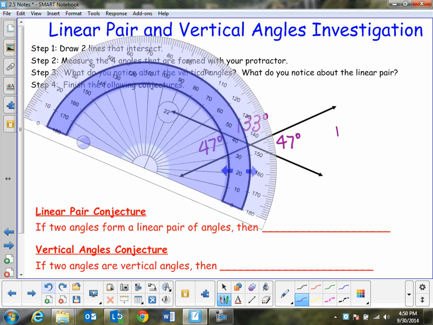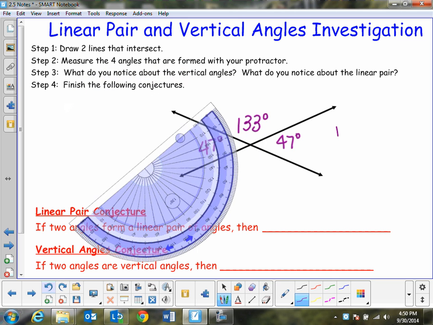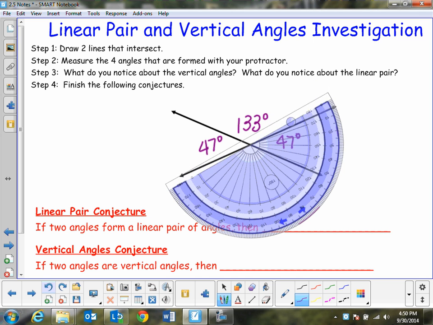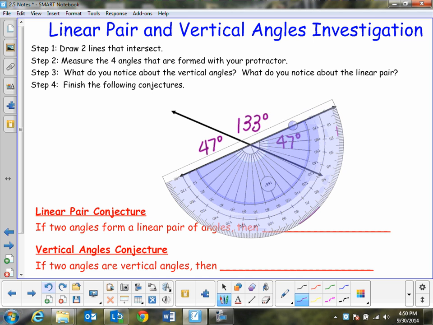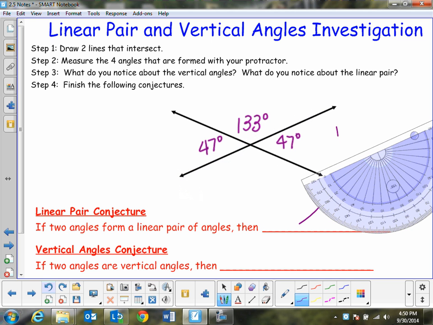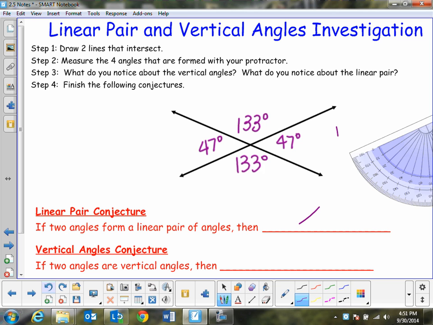And the last one. So they did come out to be congruent here across from each other, 47 and 47.